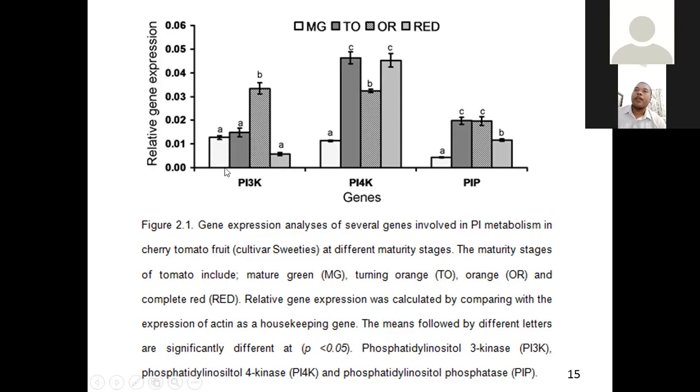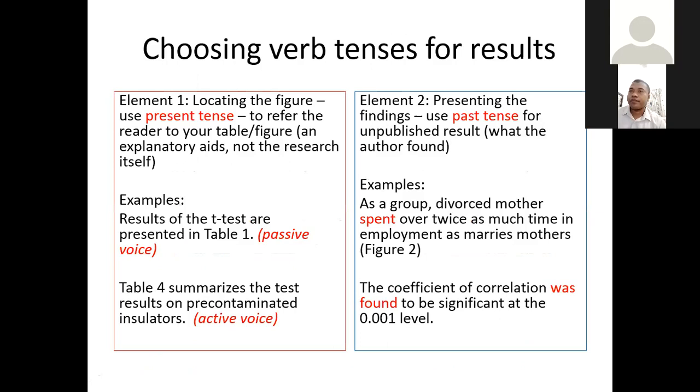That's right. So how about this one? B. So this is A and B. This is A, B, and C. This is C, the higher. See? So A is different from B, A is different from C, and C is different from B. So this is how we discuss the data. Right? Any questions?